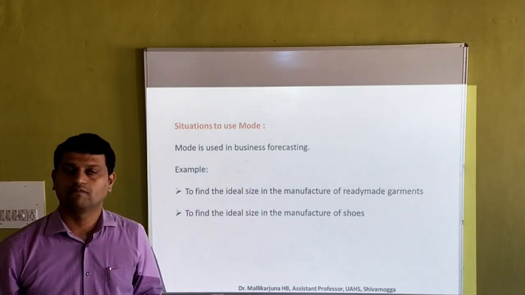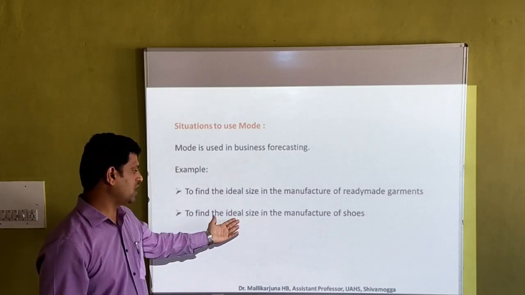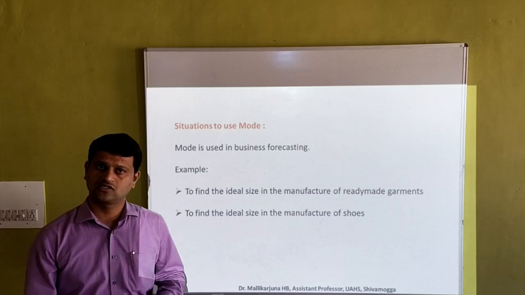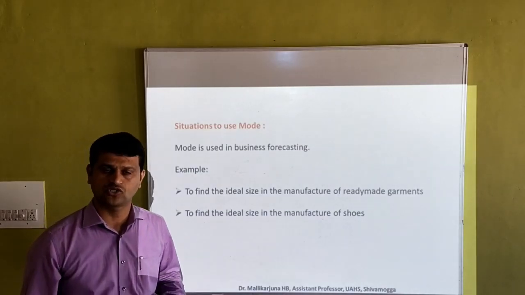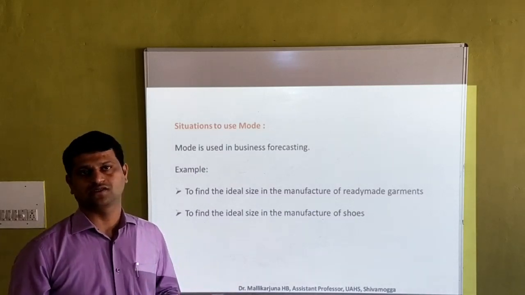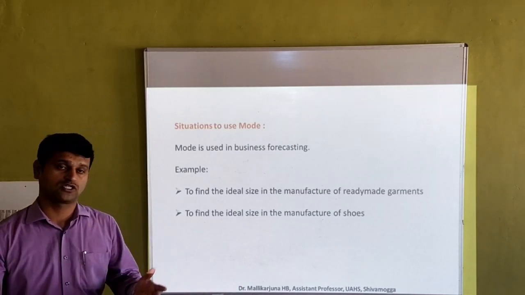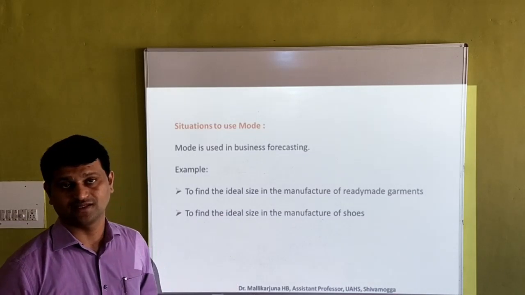There is also an ideal size in the manufacture of shoes. There are shoe sizes 6, 7, 8, 9, 10, 11. All sizes are available, but usually sizes 8 and 9 are produced more, because the users are more. Users are more means more number of times. That's why mode is useful in these cases.